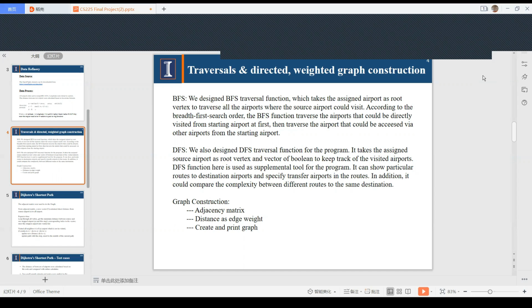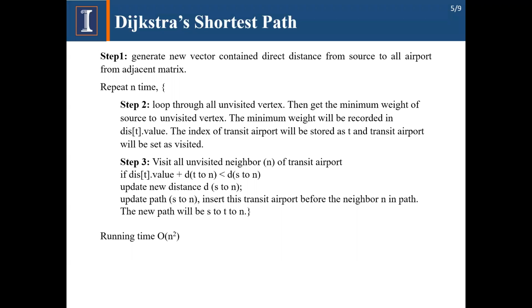Then we need to design the Dijkstra algorithm to help us figure out the shortest path between two different airports. In the next part, my teammate Jiale Lin will introduce how he designed and implemented the Dijkstra algorithm to find the shortest path. Thank you, Shumin.